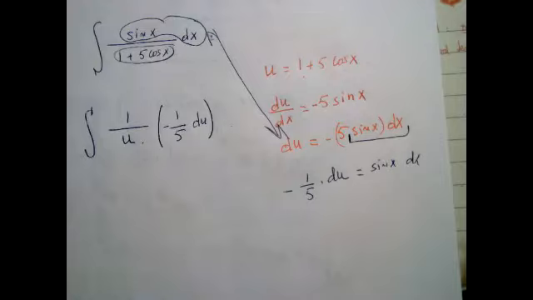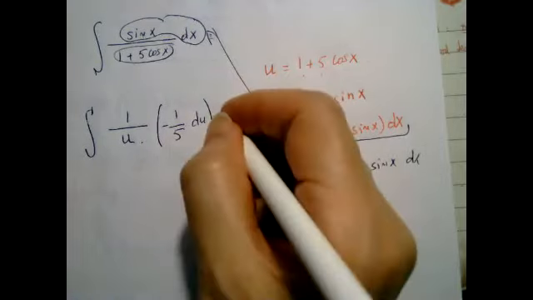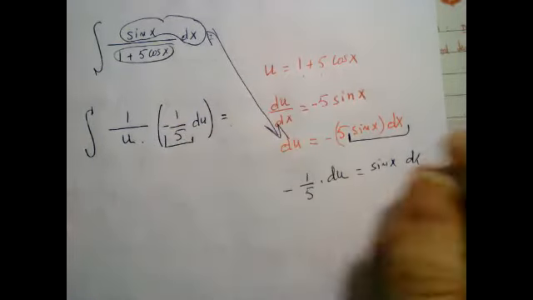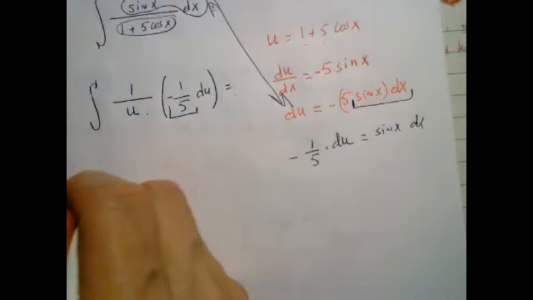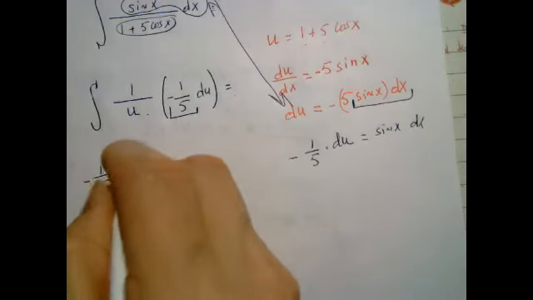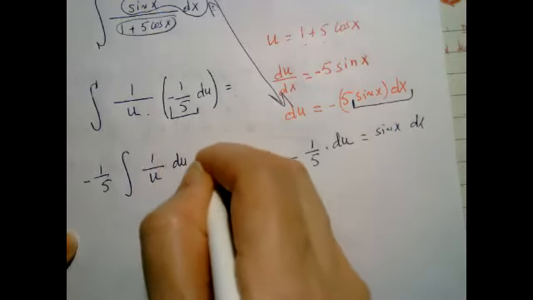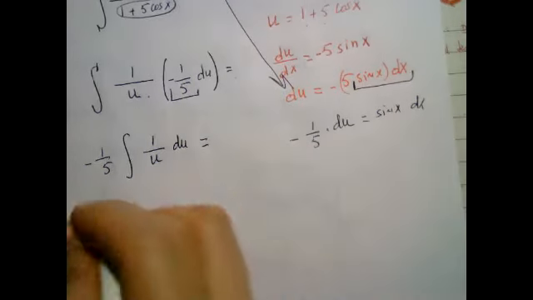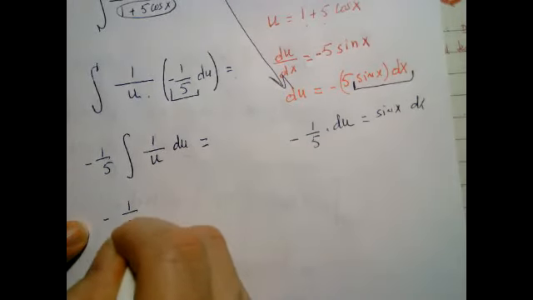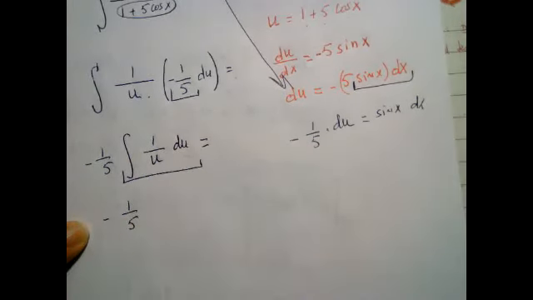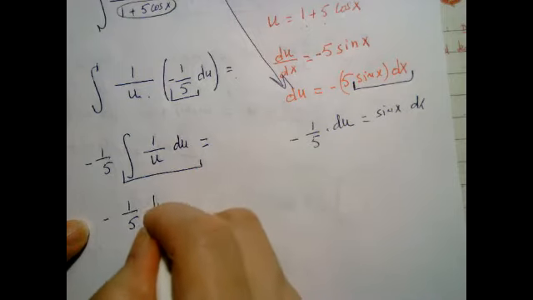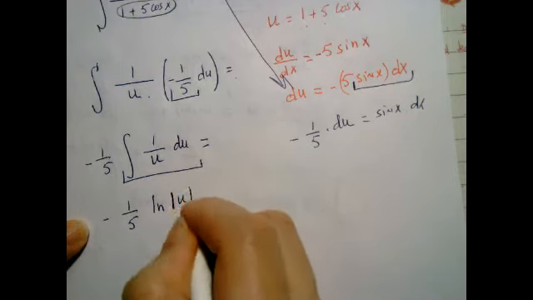So we are fine. We have an easy integral in u. So finally, minus 1 over 5, that's my constant, I can get it out. 1 over u du. So it will equal minus 1 over 5 times the antiderivative of 1 over u. Let us remember that's the natural log of u.